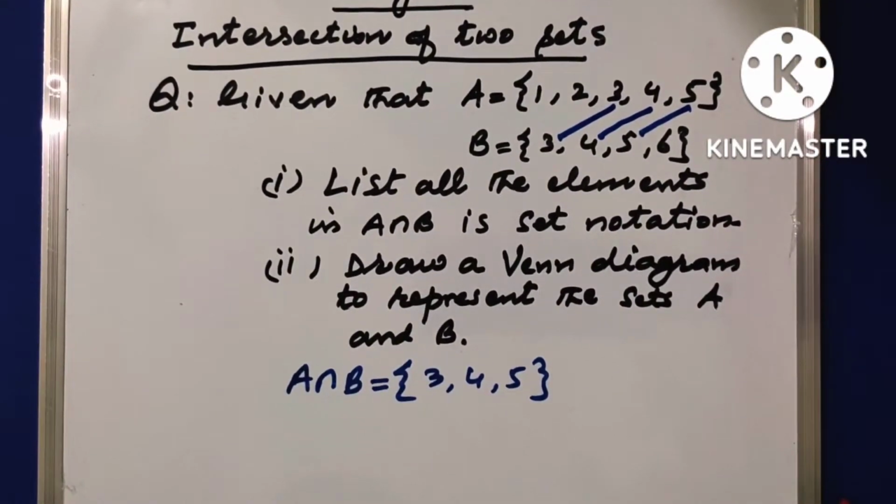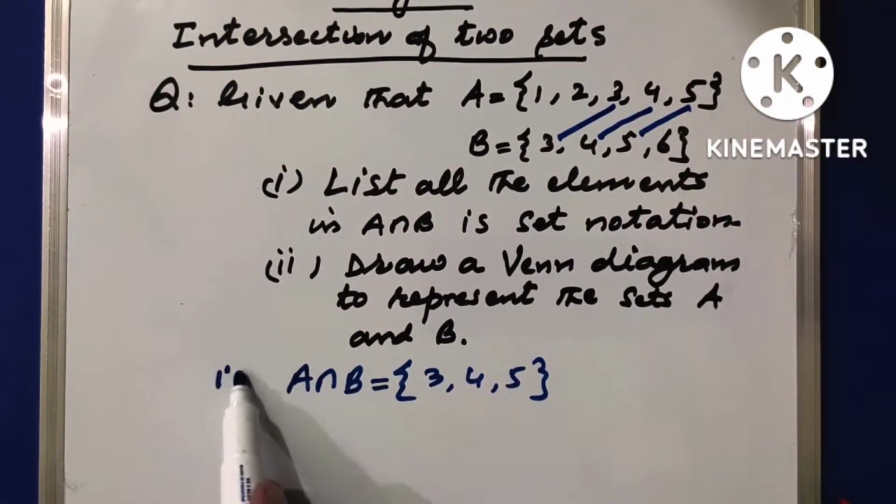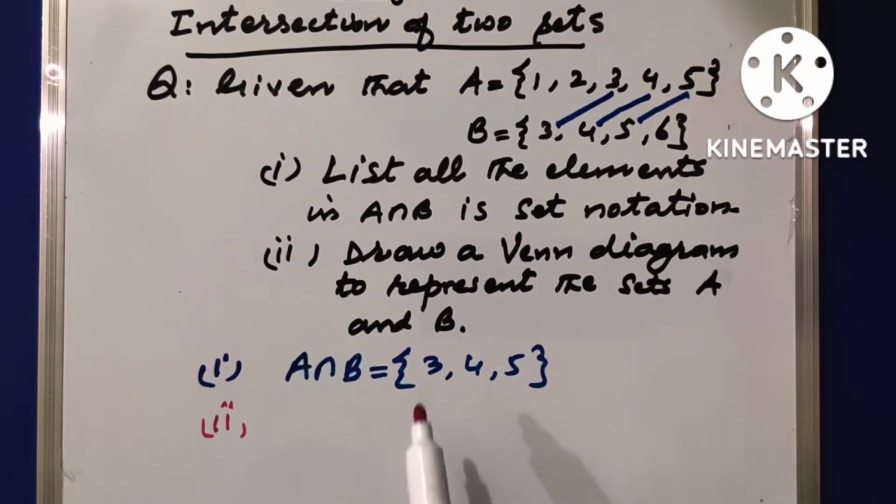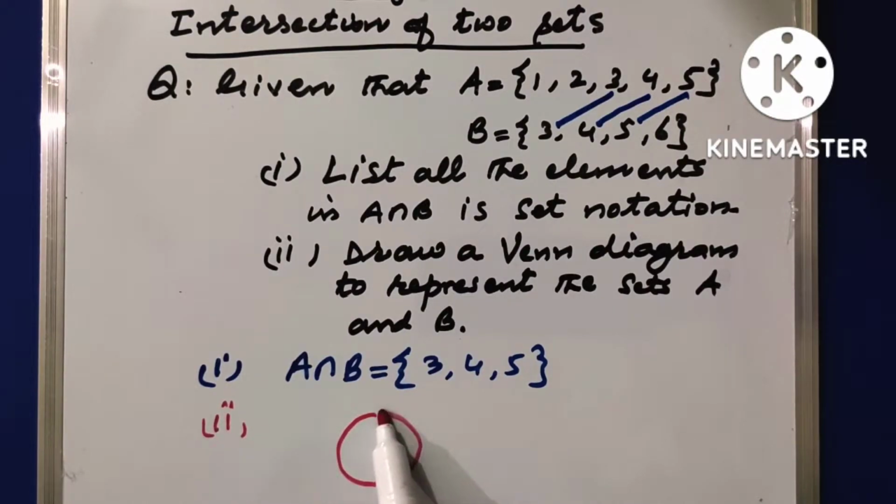Now let us do second part, that is about Venn diagram. First of all, we have to draw two sets in such a way that there must be a common area.